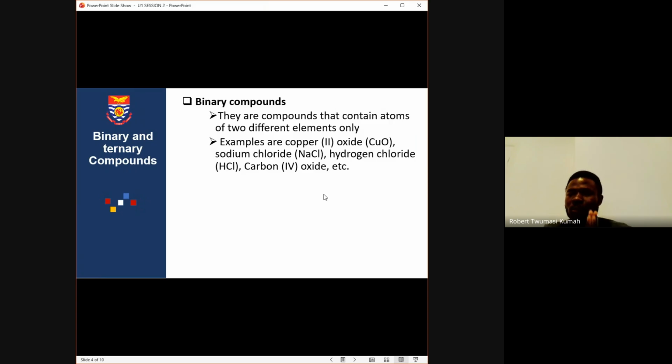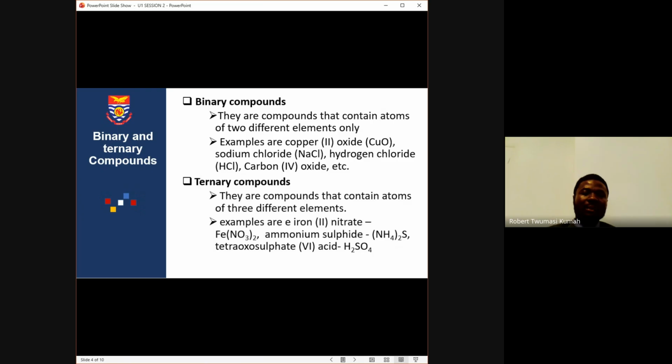Even though we have 1 atom of carbon and 2 atoms of oxygen, it is still a binary compound because the different elements there are just carbon and oxygen. Even though there are 2 atoms of oxygen, we are not interested in the number of oxygen atoms present. We only have oxygen and carbon there. So that makes a binary compound.